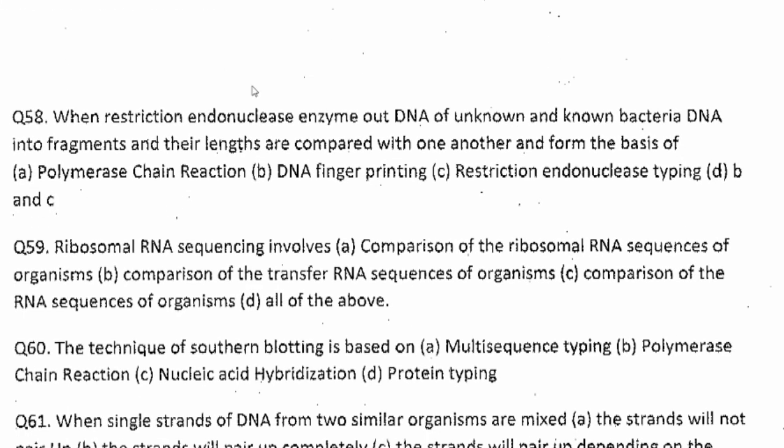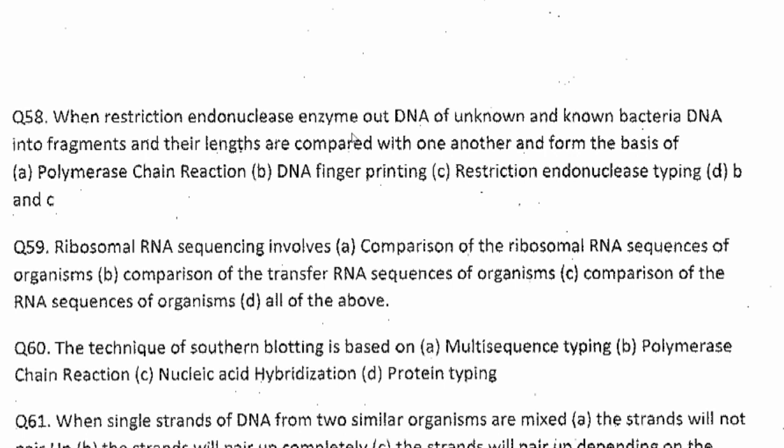When restriction endonuclease enzyme cuts DNA, I think there's a mistake here, of unknown and known bacterial DNA into fragments and their lengths are compared with one another and form the basis of dash. So if you look at this, restriction endonuclease, though there is a mistake in the question, let's try to figure out what they are trying to say.